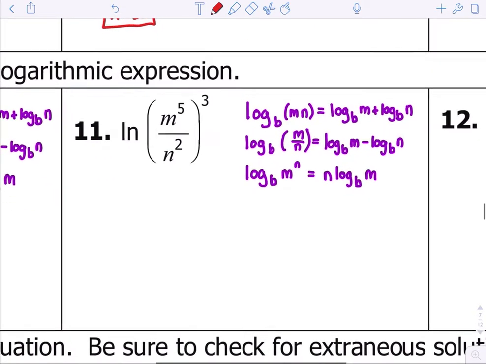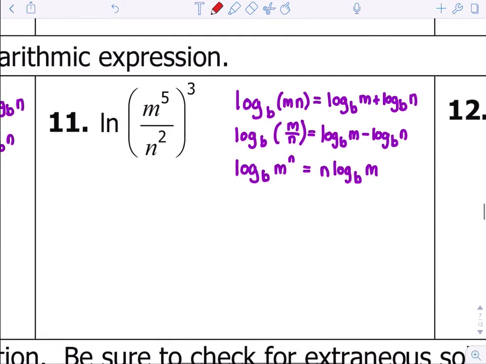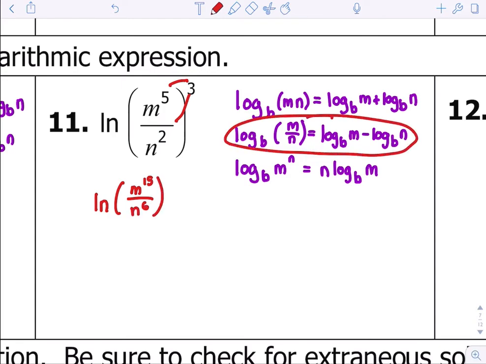Number 11. Okay, so let's distribute the 3 to both powers. So we got ln of m to the 15th over n to the 6th. We are going to be using the quotient rule. So just follow the rules, you guys.